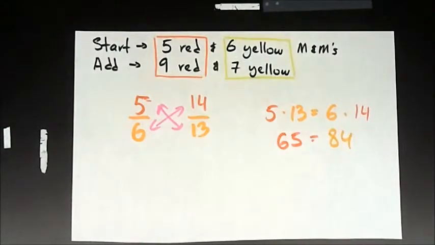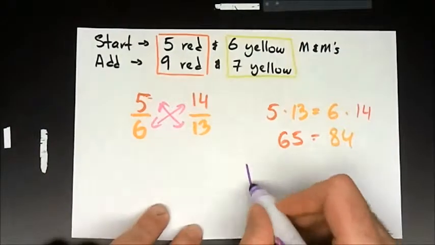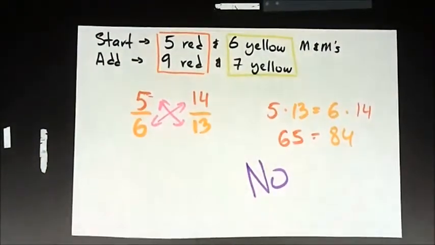Are those the same? No, they're not. So no, the new bag is not going to have the same ratio or proportion of red to yellow M&Ms as the old one did. If the old one was 5 to 6, the new one is, well, it's not that. Questions about that? Thank you.